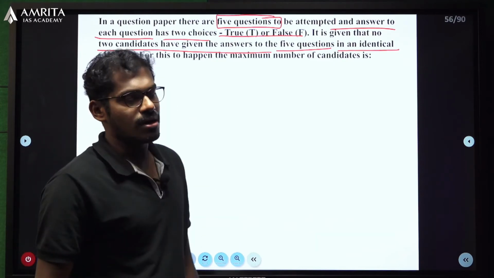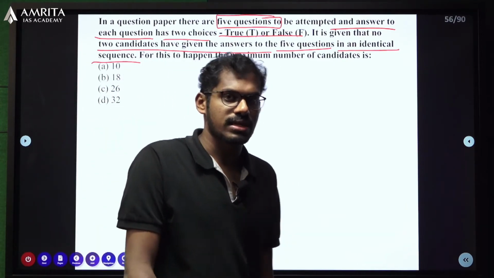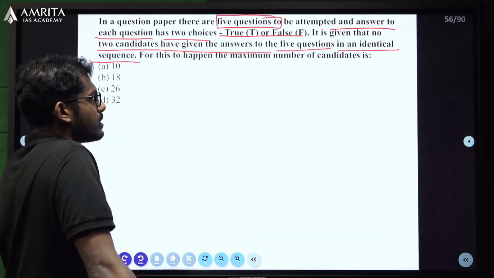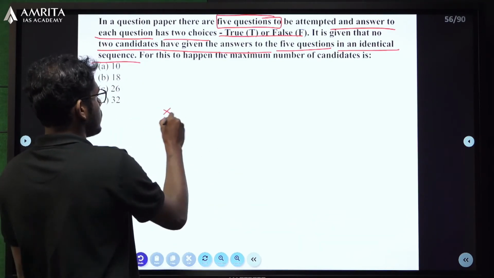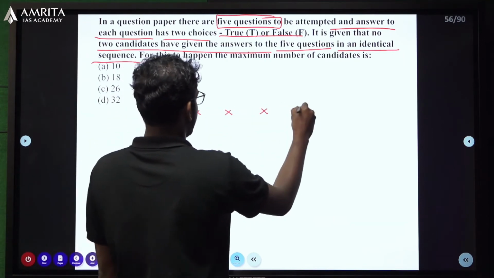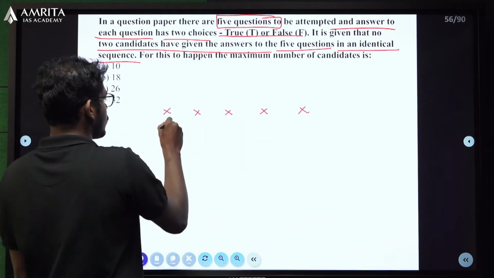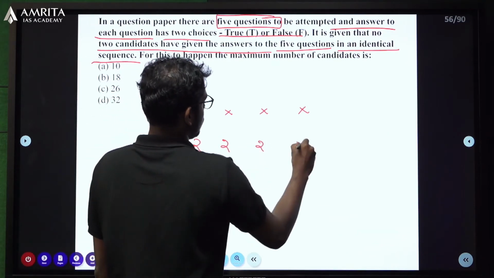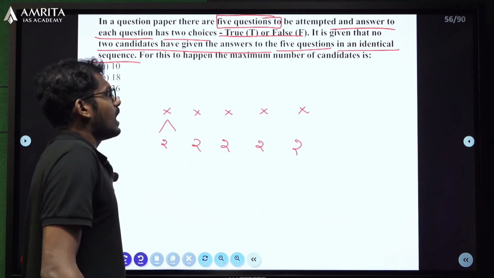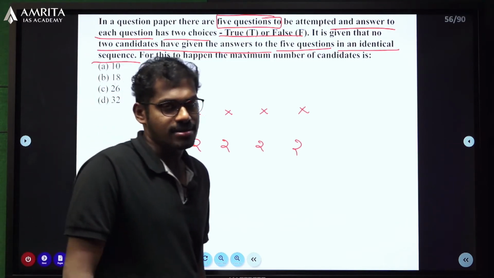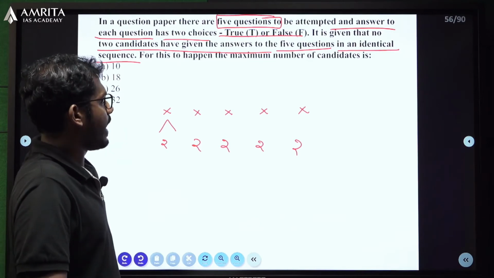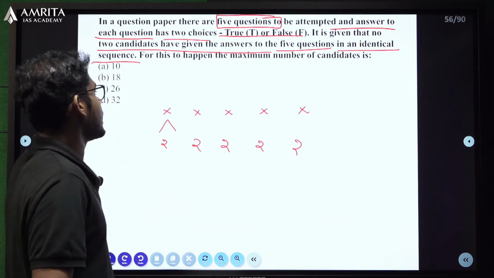That means there are 5 questions, clear? Each question has 2 options, true or false. After analyzing their answer papers, they found that no 2 candidates have given the answers to the 5 questions in an identical sequence.